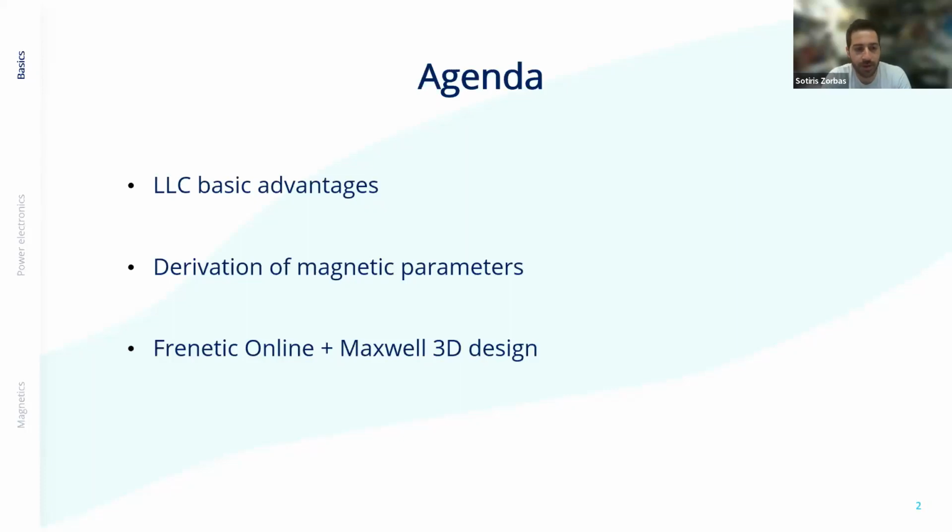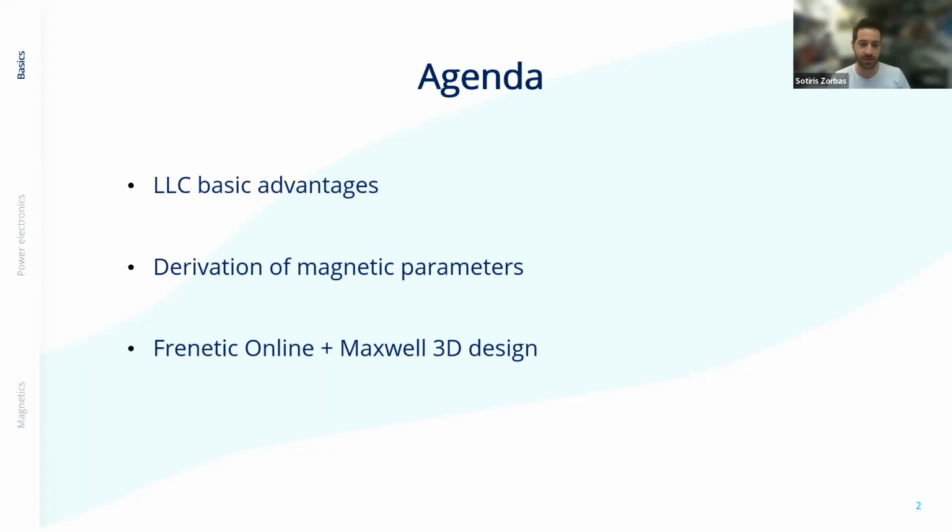So for today, we're gonna remember just a little bit of some basic advantages of the LLC topology. Then the plan is to move into a path of deriving the magnetic parameters that we need to input to our design platform. In that case, Frenetic Online, but there's a process, there is a little bit of theory. That's what we're going to cover mainly here in this webinar.